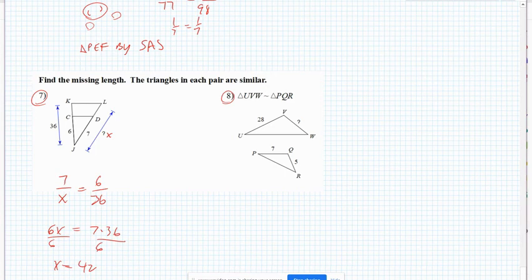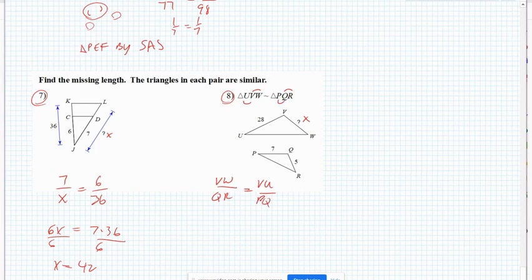For problem number 8, if I call that x, we know these two triangles are similar, and so we have to use the matching pieces. So VW has to match up with QR. So we're going to have VW over QR equals VU, that's first and second, over first and second PQ.